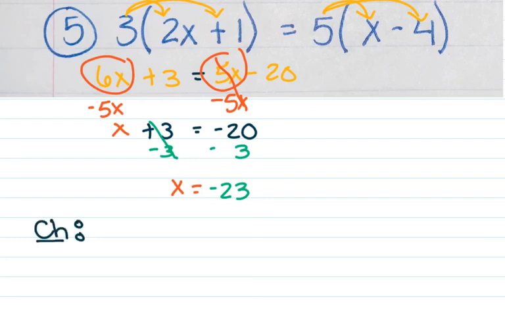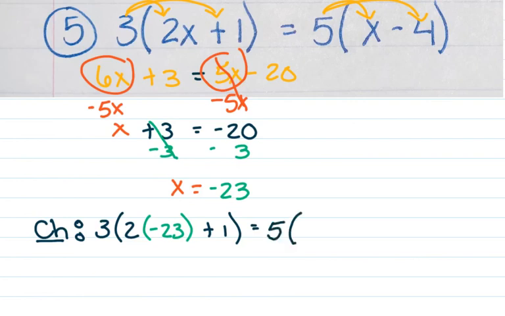So I get 3 times 2 times negative 23 plus 1. We need it to equal 5 times negative 23 minus 4. Okay, so we're going to multiply first.